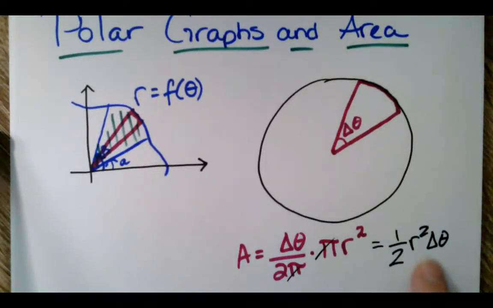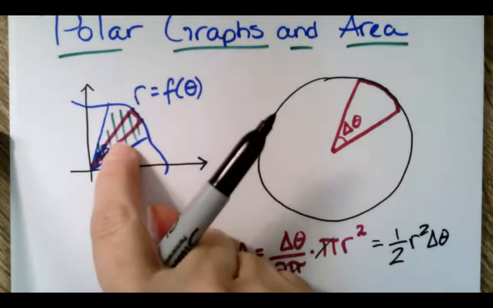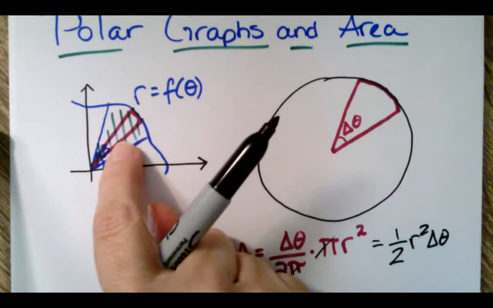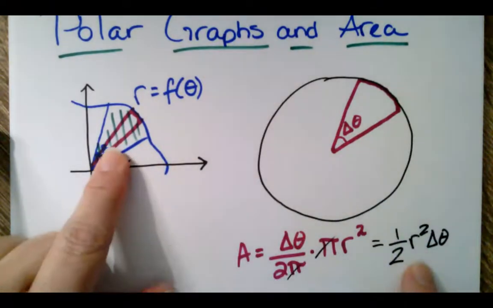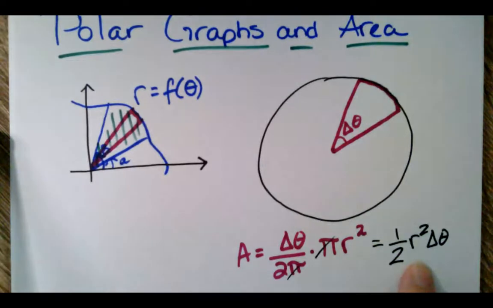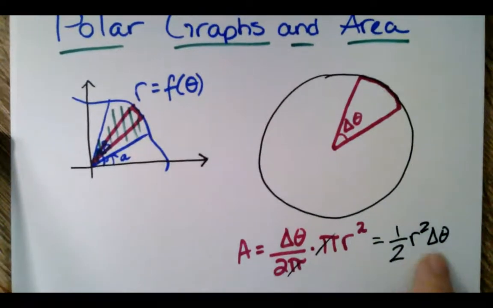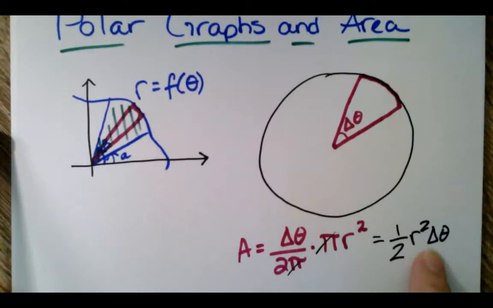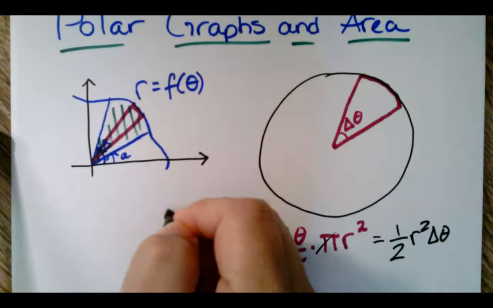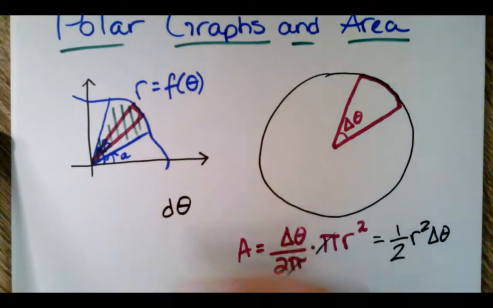This formula gives me the area of this representative sector, and we can sum up infinitely many of these. If we do infinitely many, of course, we want that delta theta to become infinitely small. We want it to become a d theta.